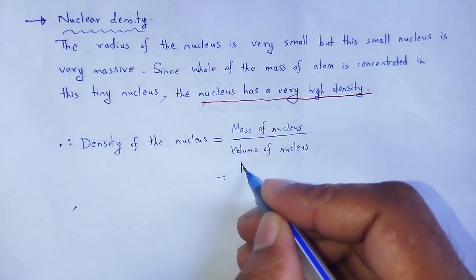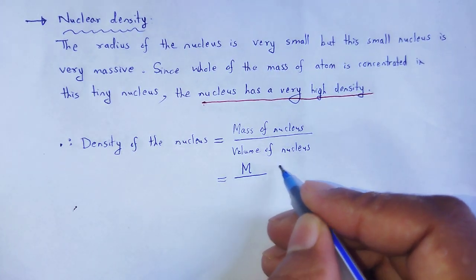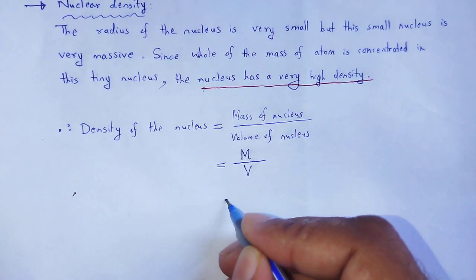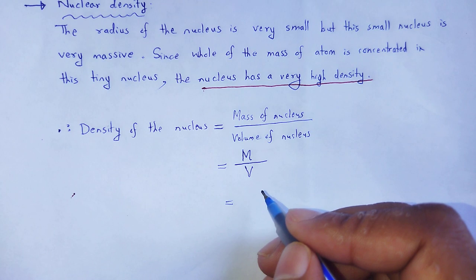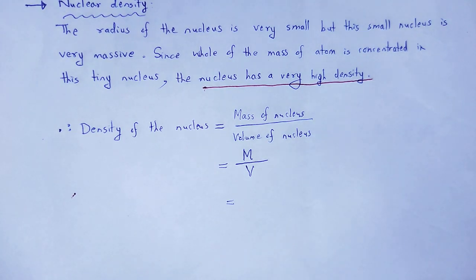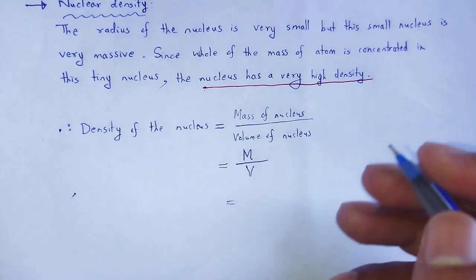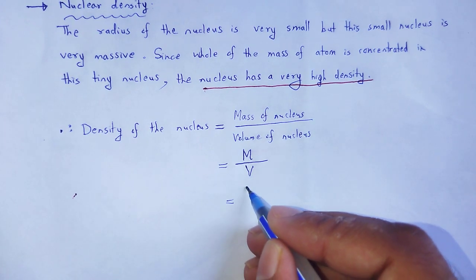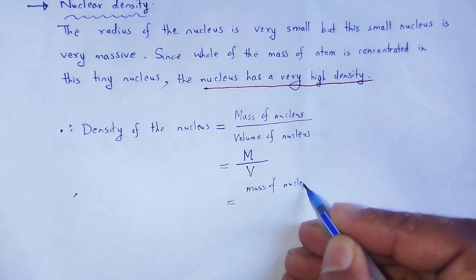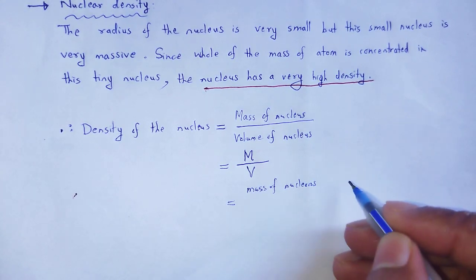Mass of the nucleus, let us define capital M. Volume of the nucleus, let us define capital V. So, what is the mass of that nucleus? This is the mass of nucleons.